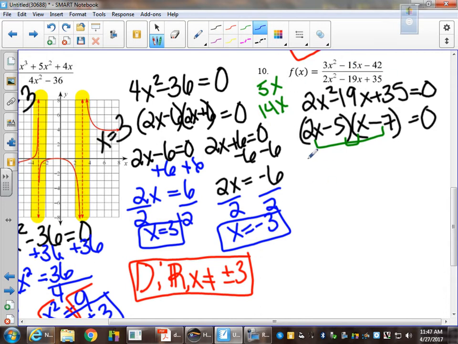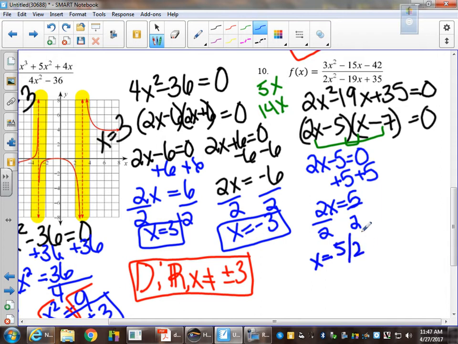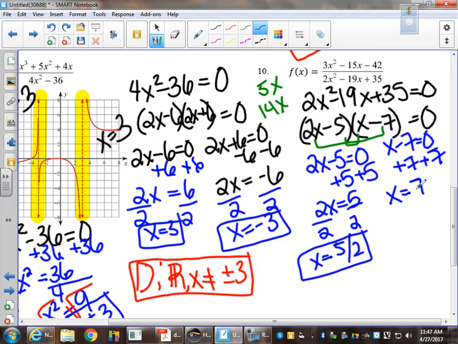So now we're going to set each equal to 0. Do the first one, add 5. Divide by 2 now. X equals 5 halves. And if we do x minus 7 equals 0, plus 7 on both sides, x equals 7.